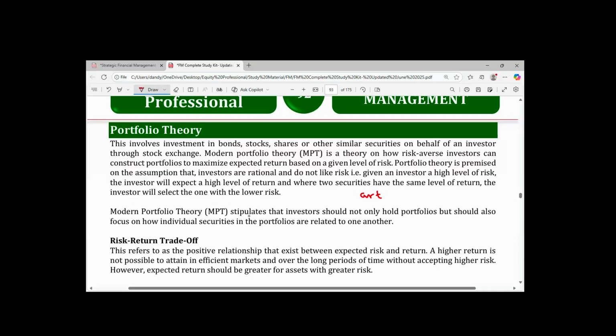Maybe you have listened to investment news or business news, or you've heard from somebody that instead of keeping your money in your bank account, why don't you just invest this money on a particular security? So you are interested. Therefore, you need to approach a portfolio manager that will help you to invest your money on your behalf.